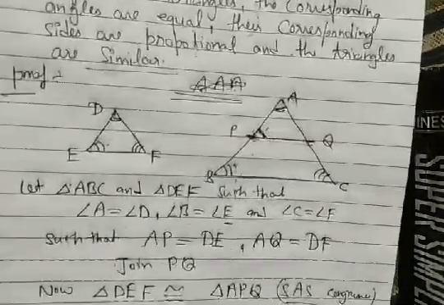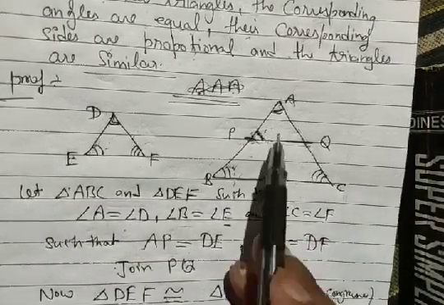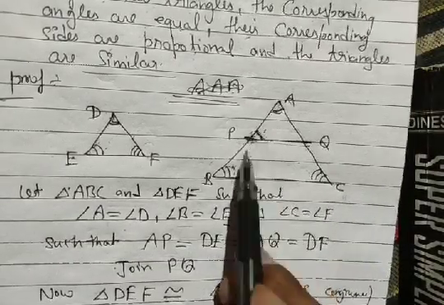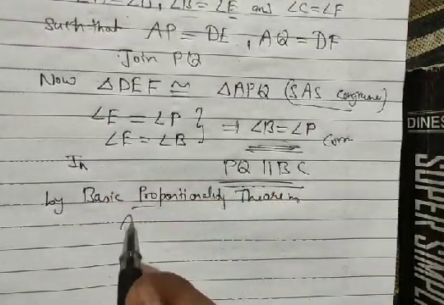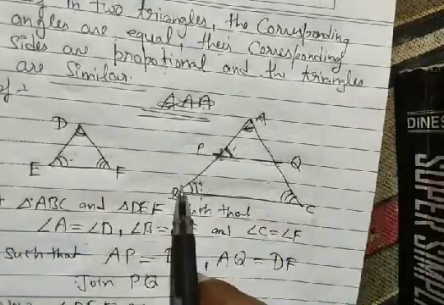Since we have proven that PQ is parallel to BC, we can apply the basic proportionality theorem. Then AP is to PB is equal to AQ is to QC.